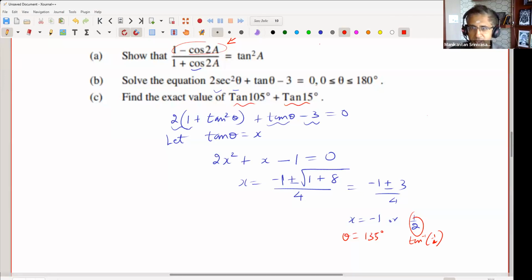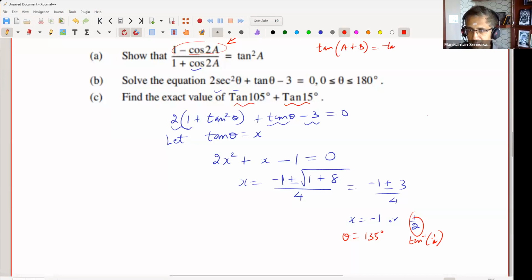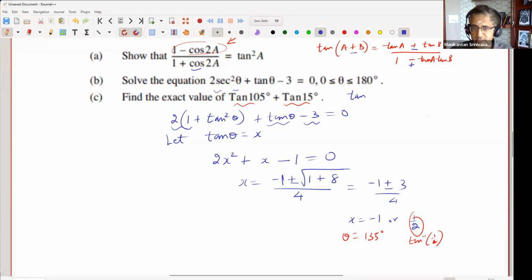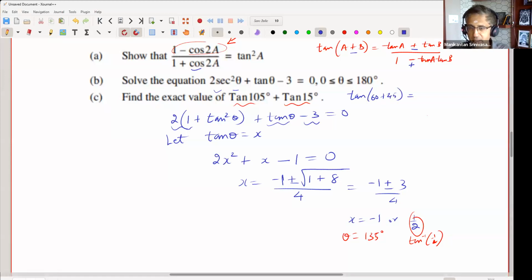So I'll use tan of A plus B. So recall tan of A plus B is tan A plus tan B by 1 minus tan A tan B. And if I have tan of A minus B, everywhere the sign gets flipped. Tan of A minus B is tan A minus tan B by 1 plus tan A tan B. So here I'll use tan of 60 plus 45, which is tan of 105.